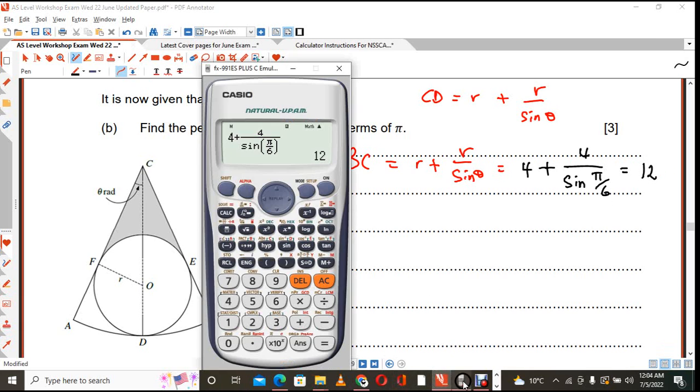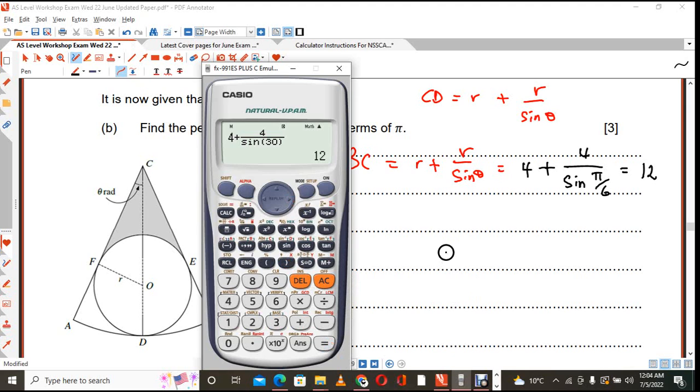Suppose you did not change your calculator to radian mode and you still kept it in degree mode. Then you must say 4 plus 4 upon sine of 30 degrees, because pi over 6 is nothing but 30 degrees, and I hope you know how to convert those.